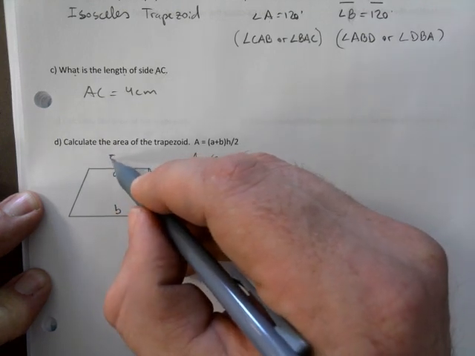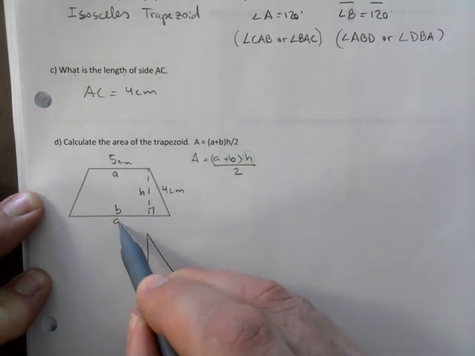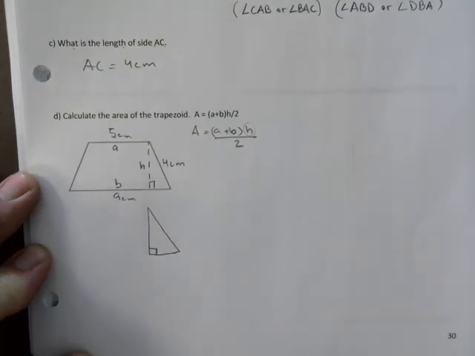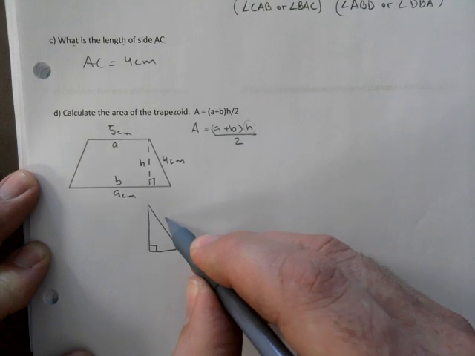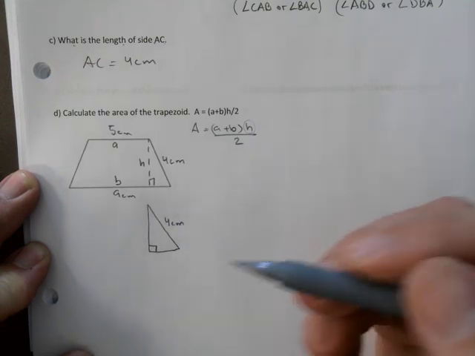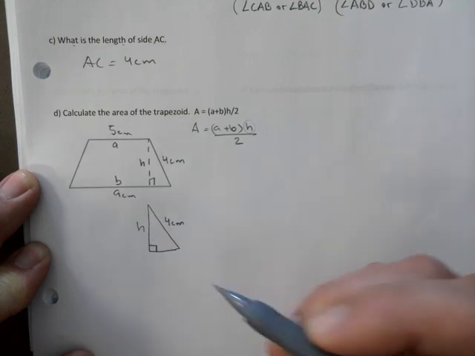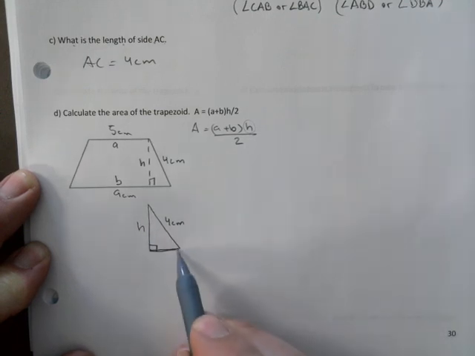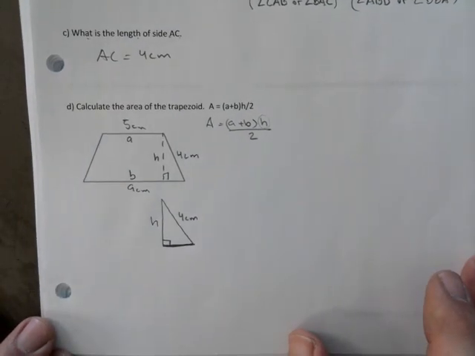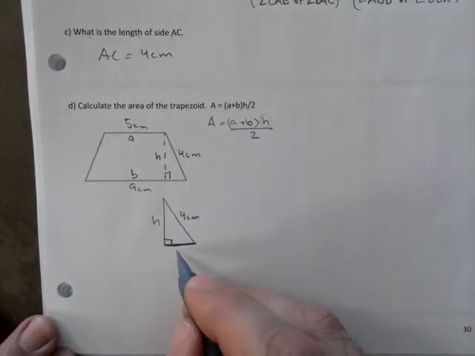We know that the top here is 5 and this is 9. Okay, so some things can be transferred. 4 centimeters comes with us unaltered, right? H we still don't know. And then the bottom here is the kicker. You got to be careful here. You got to follow me on this one. I'm going to call this X.